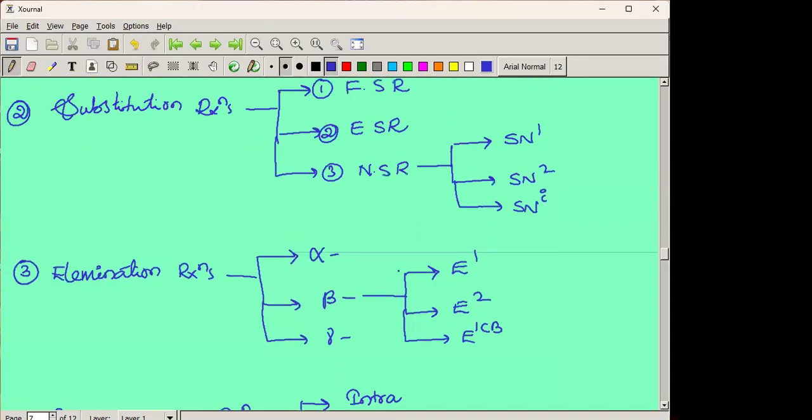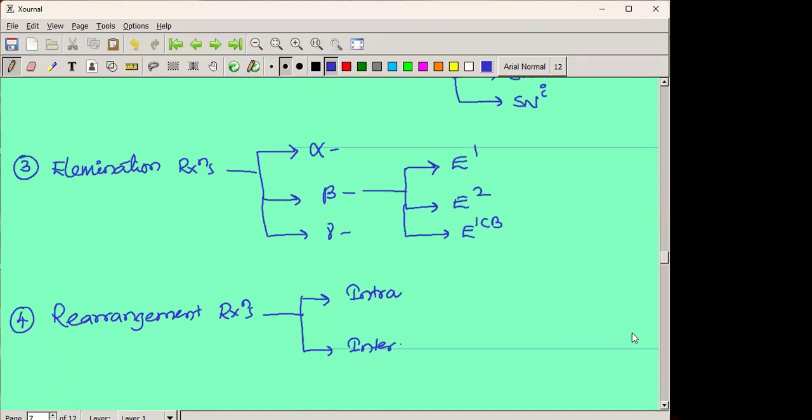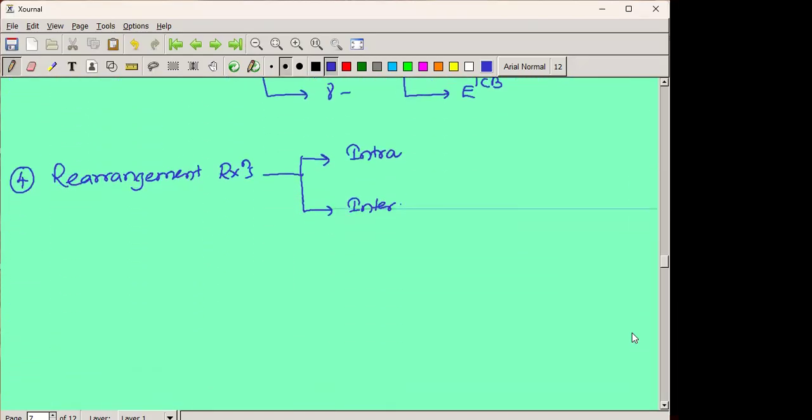Here SN1, SN2 reactions, and here we have aromatic nucleophilic substitution reactions, AR-SN1, AR-SN2 reactions, and also we have the benzyne mechanism. These mechanisms come under substitutions. Right, this is a rearrangement reaction.